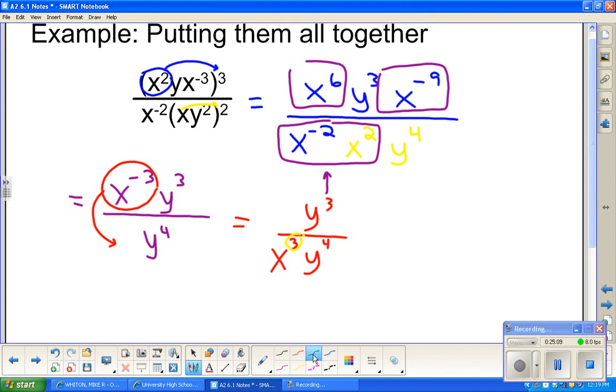We have one last thing. We have y to the third over y to the fourth. We know how to reduce that. We have x cubed here. There's an extra y on the bottom. If we start canceling everything with the y's, there's one more y on the bottom. Because again, there were 3 y's on the top, 4 on the bottom, and when we start canceling, there's one extra y on the bottom.